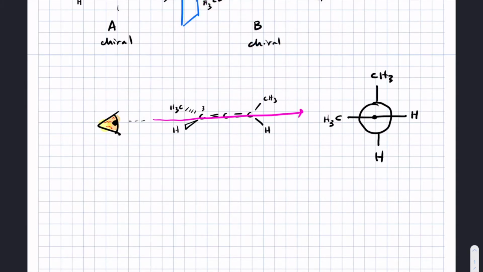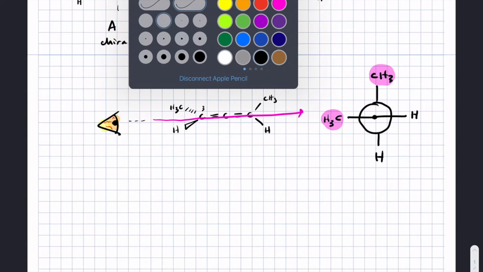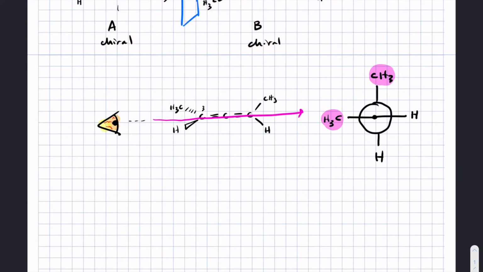And in this case, it's the methyl group. And then you do the carbon in the back. What's the highest priority group? Okay, it's the methyl group. Then you ask yourself, if I draw a sort of circle starting with the one methyl group in the front to the one in the back, what's the sense of that rotation? It is clockwise.